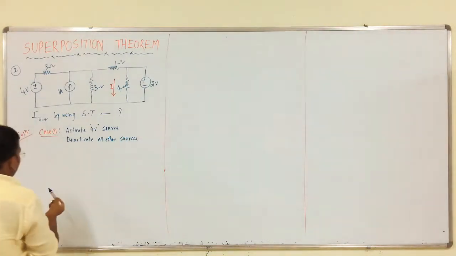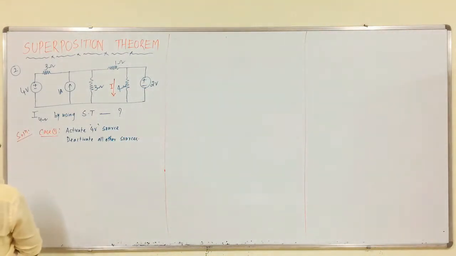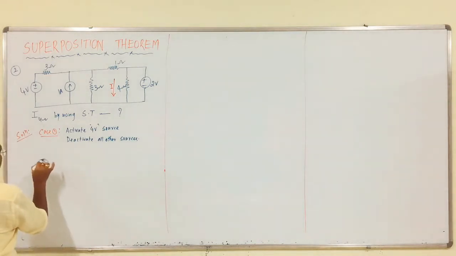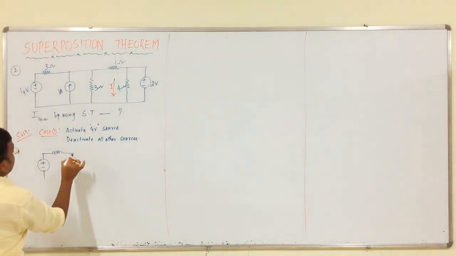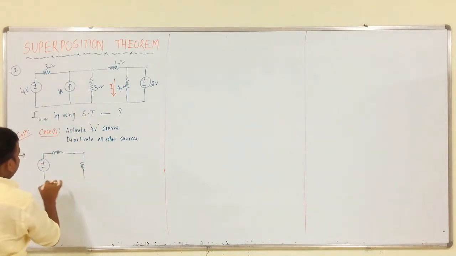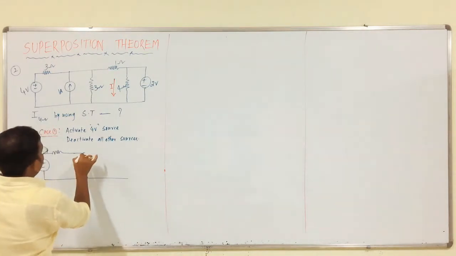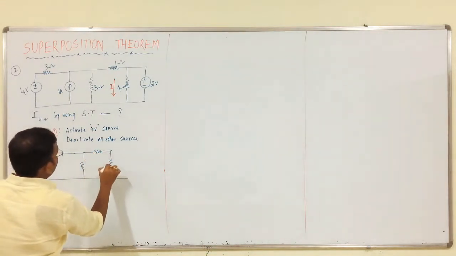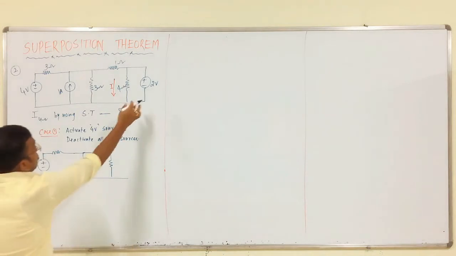Therefore, the circuit becomes: plus minus, this is 3, this is open circuited, therefore we have this branch, again a 1 ohm branch, again a 4 ohm branch, this is short circuited.